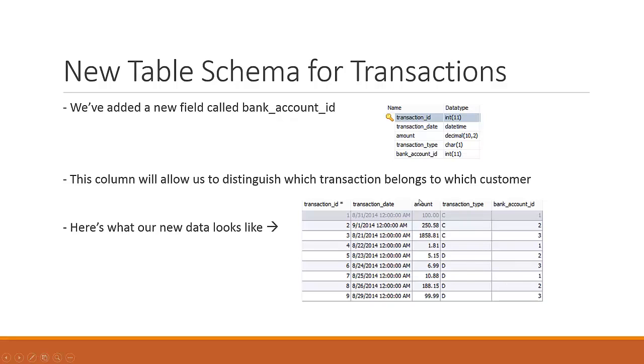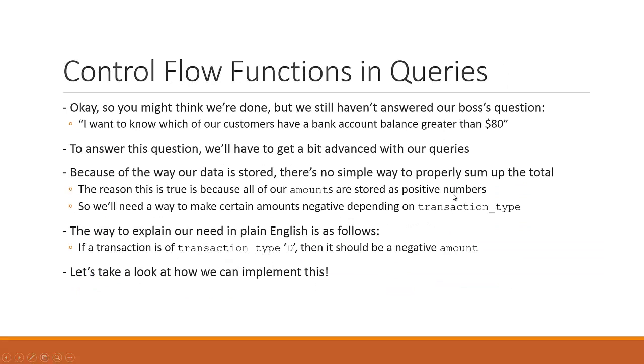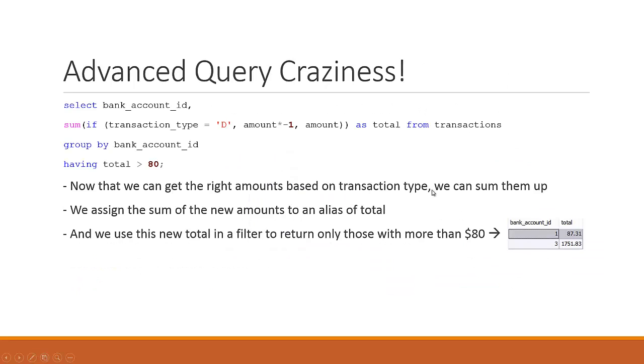Remember, we're not summing the amount, we're summing the new adjusted amount. If I go forward again to here, yes, it was. So although we haven't named it adjusted amount, that is what it is. That is what's happening inside of the scope of these brackets here.